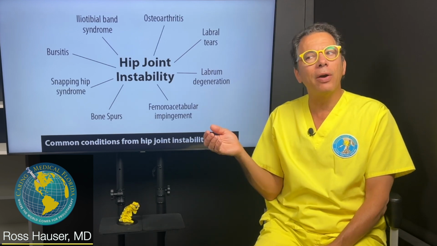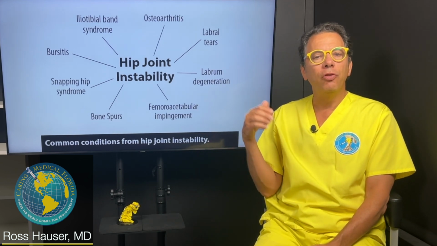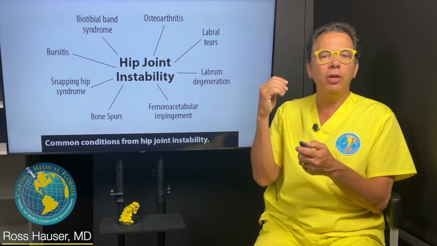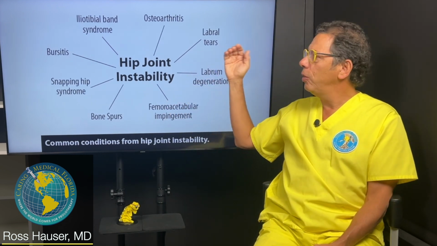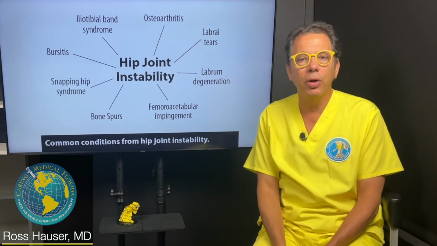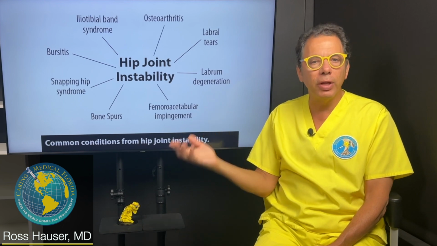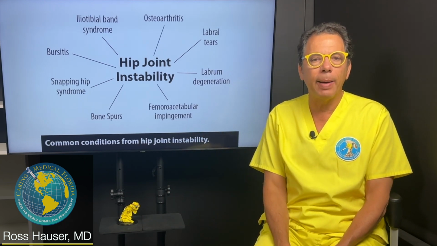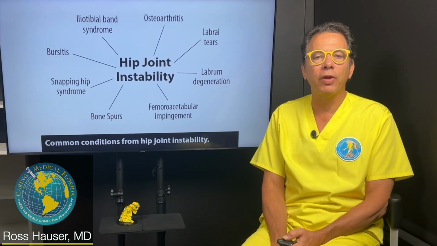So to me, a better option is to do prolotherapy with or without PRP, and you treat the labral tear. You could treat the attachments of the iliotibial band. You could treat the tendons, the ligaments, the joint capsule. So to me, it's a lot more comprehensive and makes a lot more sense.